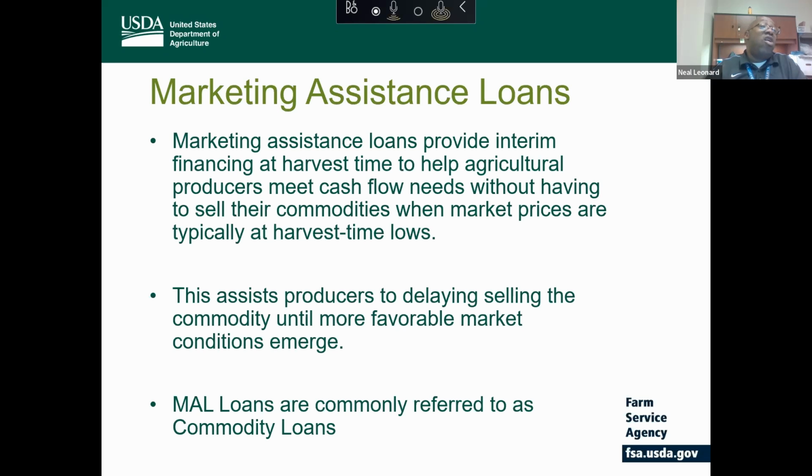They can do that, or they can forfeit the commodity to FSA. We try not to do that, but that's what non-recourse means. That's when we get into talking about loan deficiency payments, that you can get without even having to get a marketing loan. You can get a loan deficiency payment.